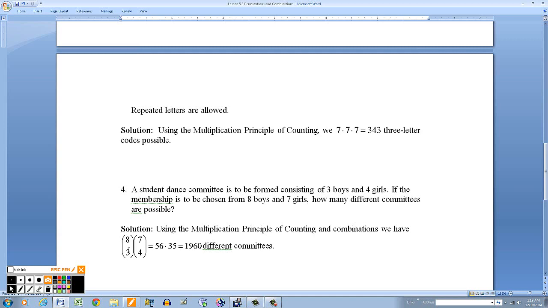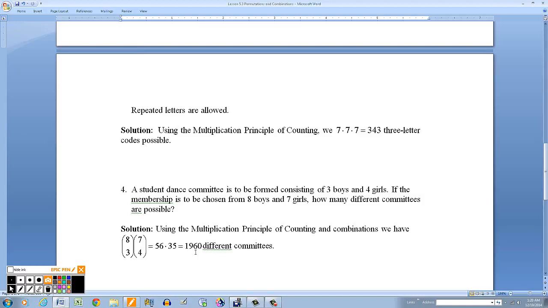According to the multiplication principle, we multiply those to get the total different ways of forming this committee. So 8 select 3, using your calculator in the same way as in the previous examples, you'll get 56. And using your calculator to compute 7 select 4, we get 35. Multiply these out, and we get 1,960 different committees.